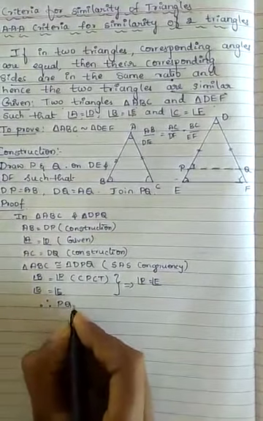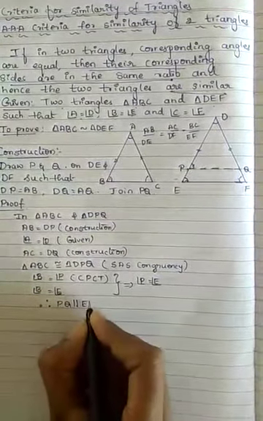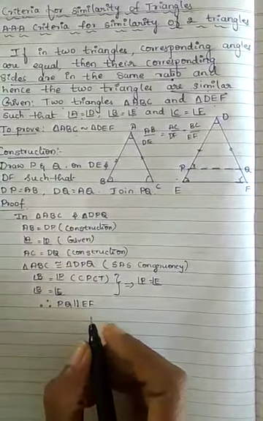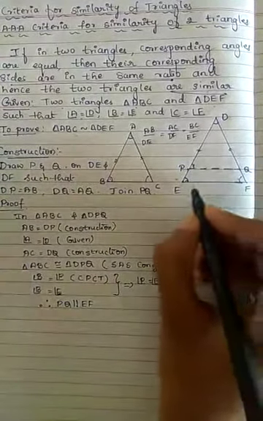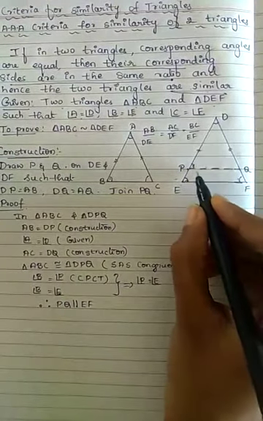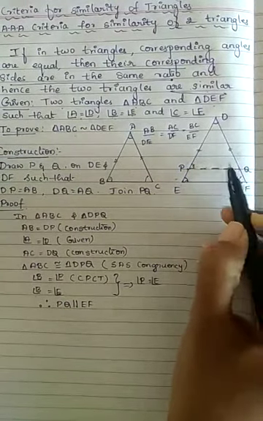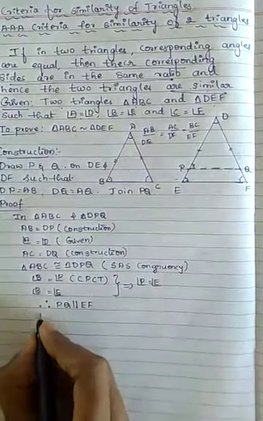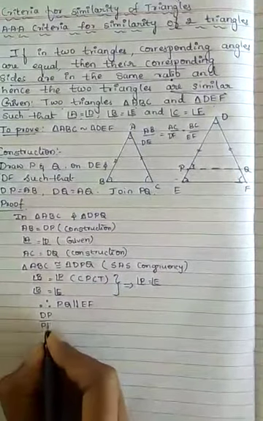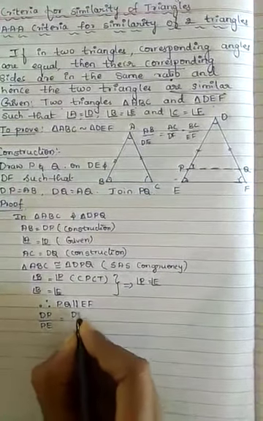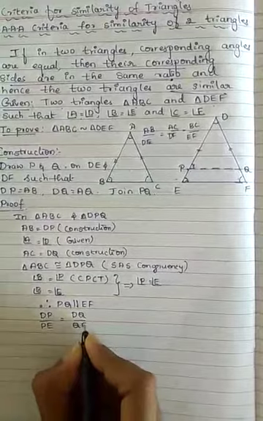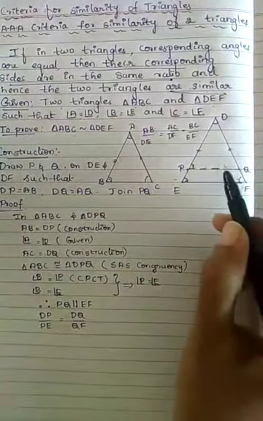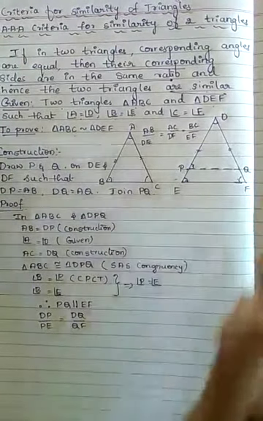Therefore, PQ is parallel to EF. Now, when PQ is parallel to EF, you know that by Thales theorem this PQ divides the other two sides in the same ratio, that is DP by PE is equal to DQ by QF.